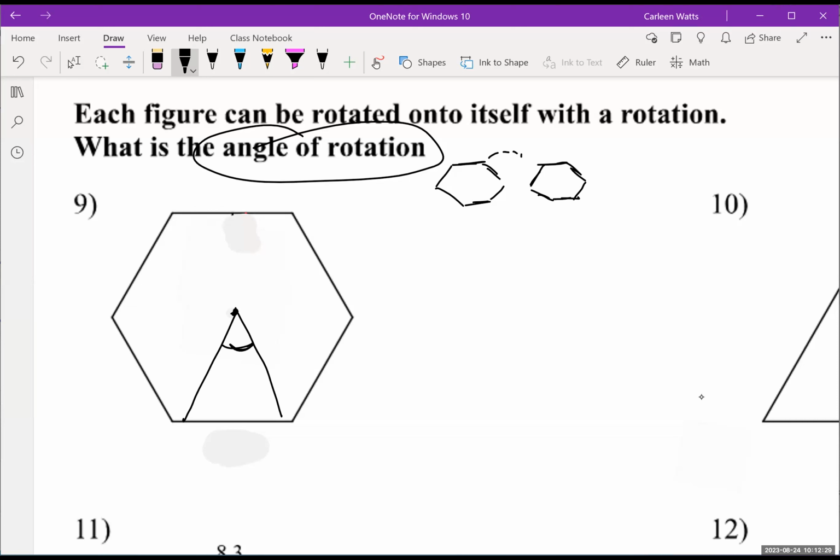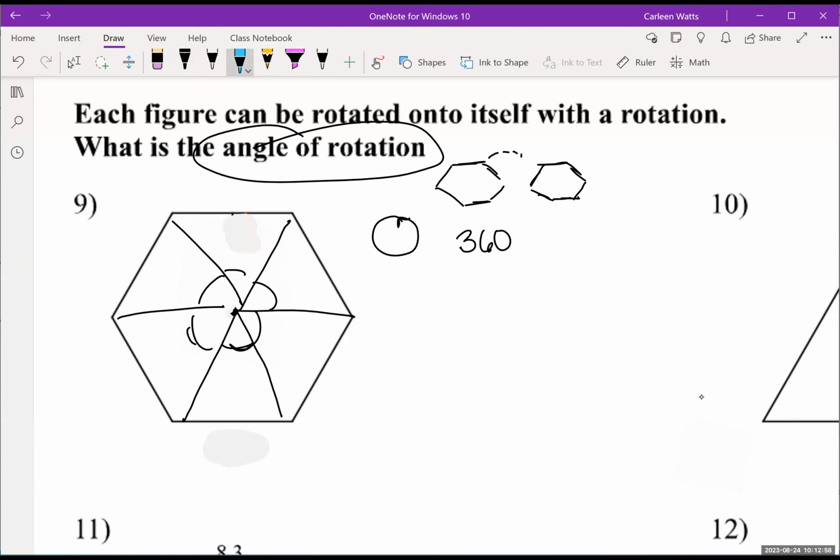Very good. Correct. That is the angle. If I rotate it that much, that is how much I need to rotate it so it looks exactly like the original. So how many degrees all the way around a circle? 360, correct?